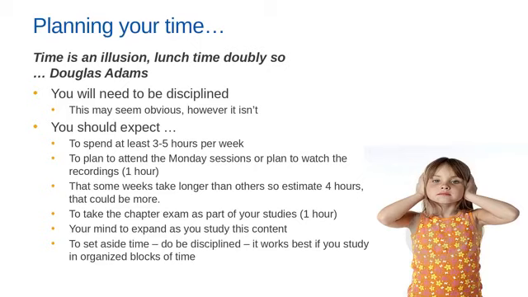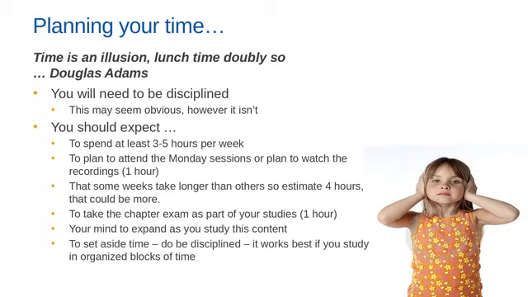Okay, so usual stuff, make sure that you plan your time well. This is self-study, and with any self-study course you need to be disciplined. Okay, there's nobody standing over you telling you what to do and when. You have to make sure that you do all that yourself. Okay, so you should expect to spend at least 3 to 5 hours per week studying.